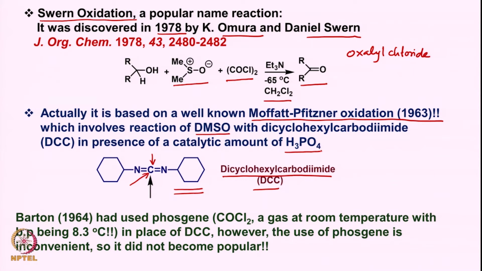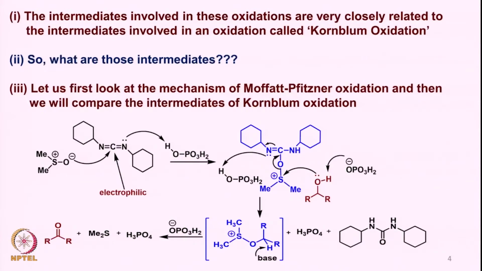Based on this, the oxidations of alcohols were reported, and subsequently in 1964 Barton reported the use of phosgene, which is a gas at room temperature with a boiling point of 8.3 degrees centigrade, in place of DCC. However, the use of phosgene is not very convenient, and therefore this reaction did not become very popular, but the Moffatt-Pfitzner oxidation was carried out by a lot of people in their oxidation endeavors.